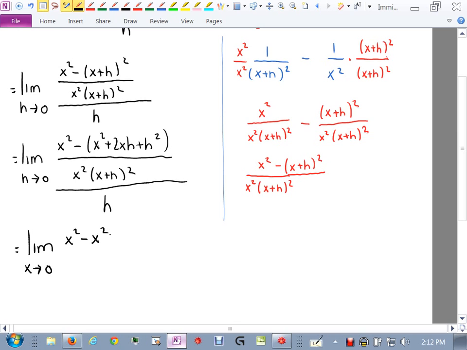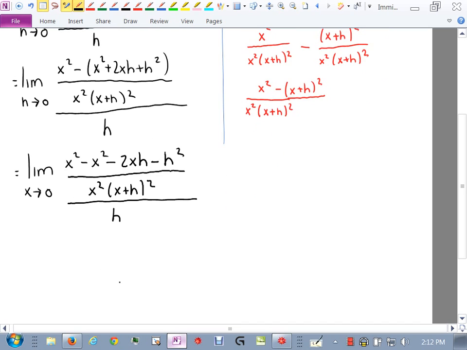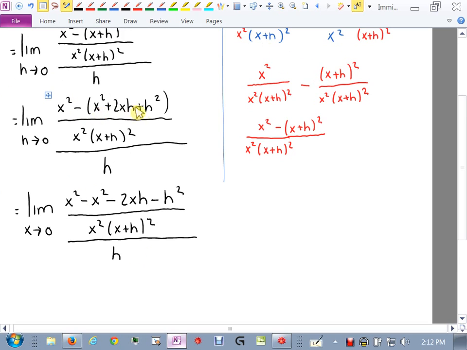Minus x squared minus 2xh minus h squared all over... Yeah, so that's that kind of critical algebra thing here. We expanded that out, and then the minus has to go to each one, so it turns all the terms negative.